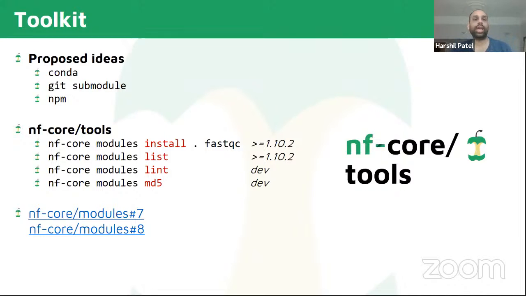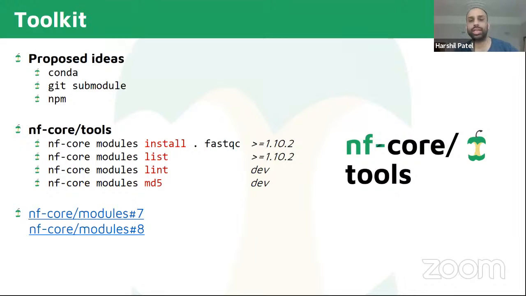We had a number of ideas as to how we would deal with these modules. How would we physically use these modules within pipelines? A number of ideas were put around a year or two ago, where the folks from Biocontainers got involved. A bunch of us got involved from here on an issue on NF Core modules. And we discussed the idea of using Conda to manage all of these modules, Git submodule, NPM.